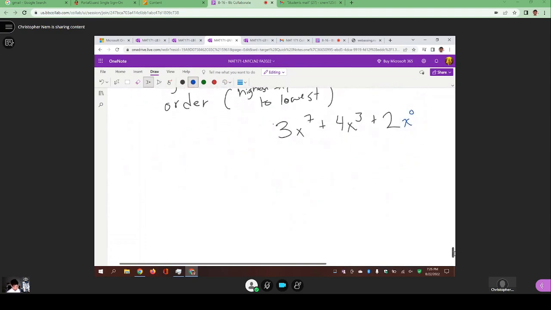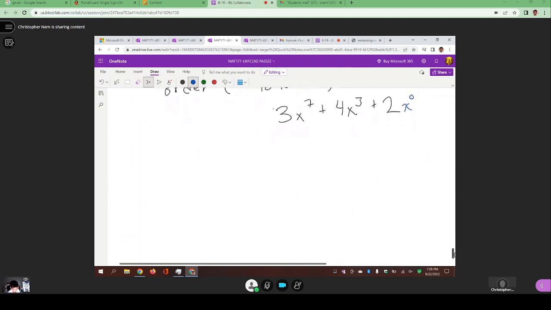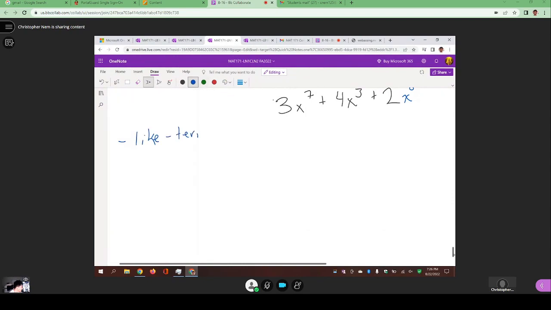So, moving forward, now we need to talk about the next definition, like terms. Let's talk about the last definition. So when you're talking about terms, there's something called like terms. Like terms are terms that have the exact same factors.